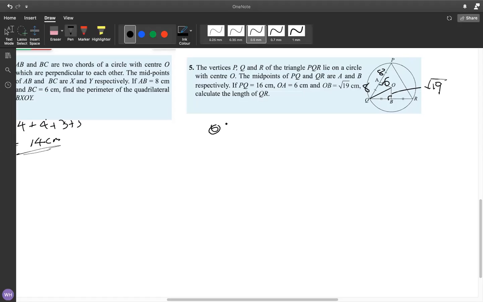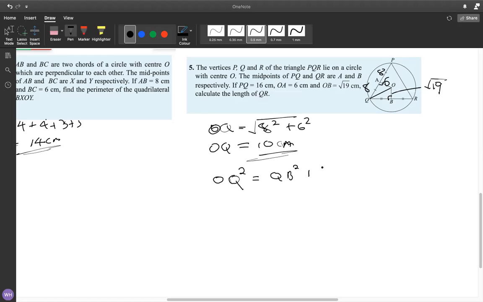So OQ will be equal to the square root of 8 squared plus 6 squared, which is 10 centimeters if you simplify this. So this is OQ, and you can move to the other triangle, which will give you OQ squared equals QB squared plus OB squared.